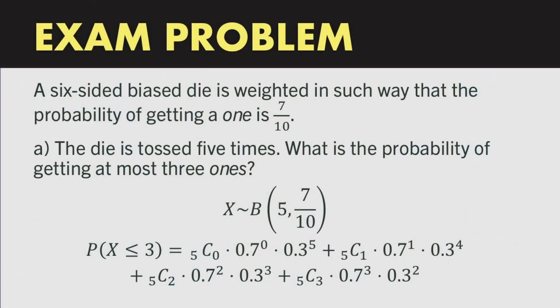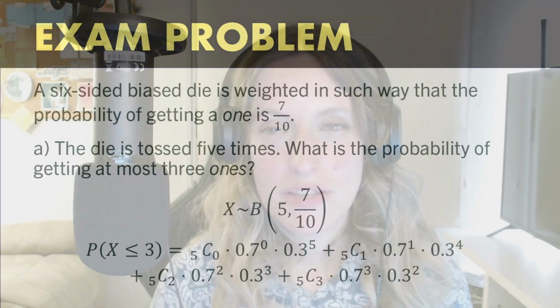And we can either use the formula and calculate the probability of x being equal to 0, plus the probability of x being equal to 1, the probability of x being equal to 2, and the probability of x being equal to 3.